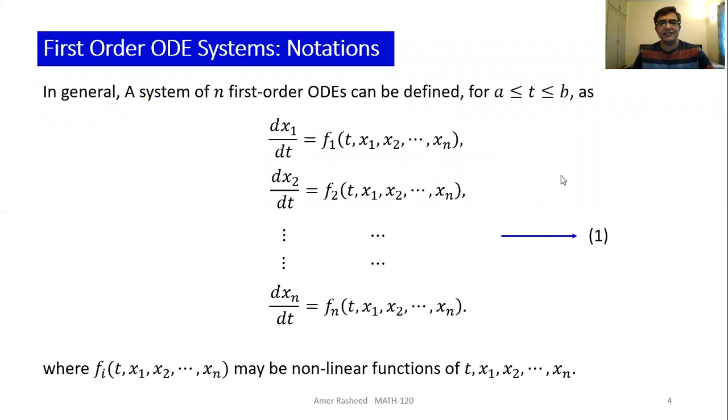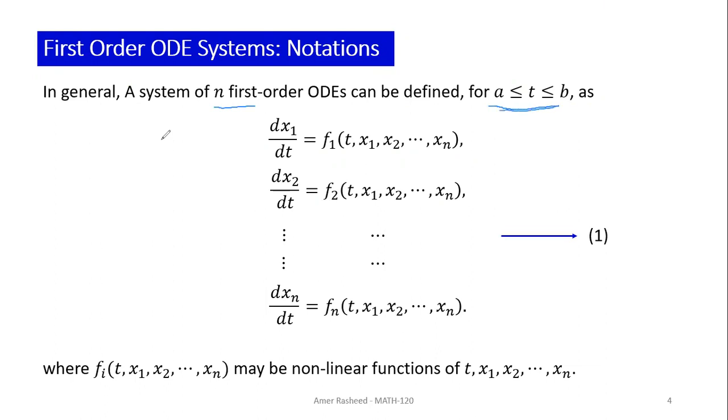So in general, this is the general notation for first order ODE systems, ordinary differential equation systems. If we have n first order ODEs defined on some domain of the independent variable t from a to b, the first equation is this, second, and so on, the nth differential equation.